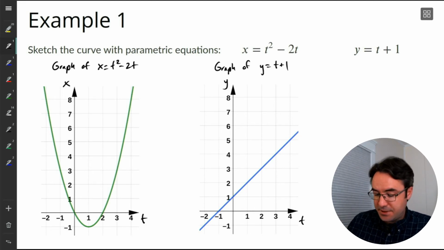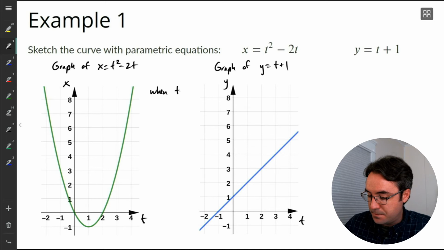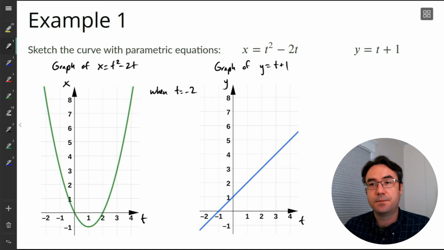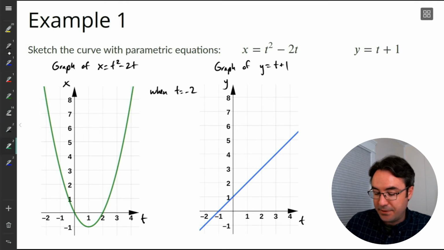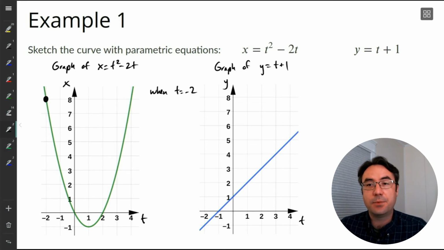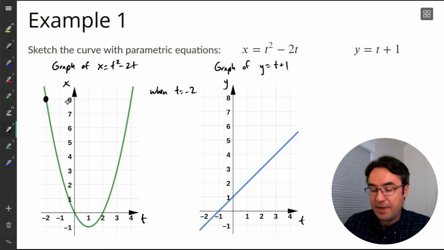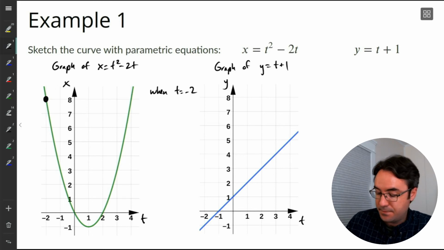So for instance, when t is equal to -2, we can look at our x graph here, read up until we see the point that's on the curve, and that tells us our x value. So the x value is 8.